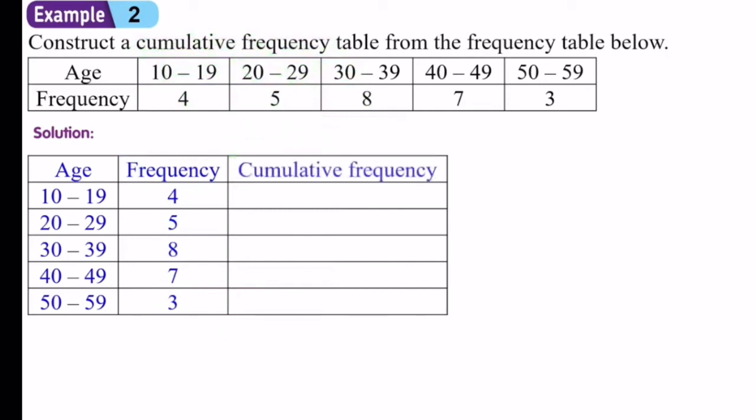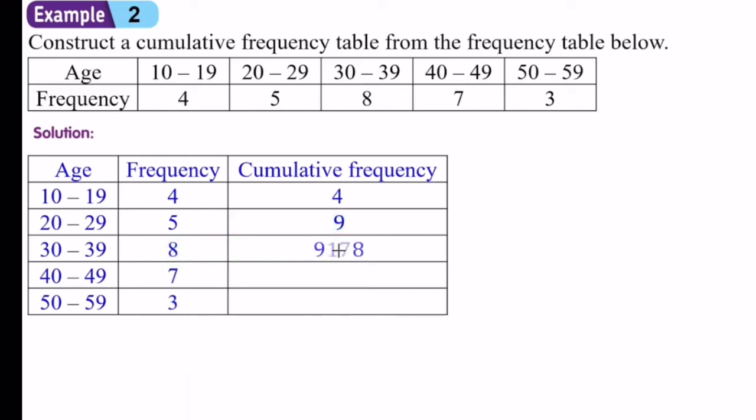Then the cumulative frequency for the first class, of course, is still 4. But for the next class, because you need to accumulate, you add 4 plus 5, you will get 9, right? And then you add the 8, so 9 plus 8 is 17.